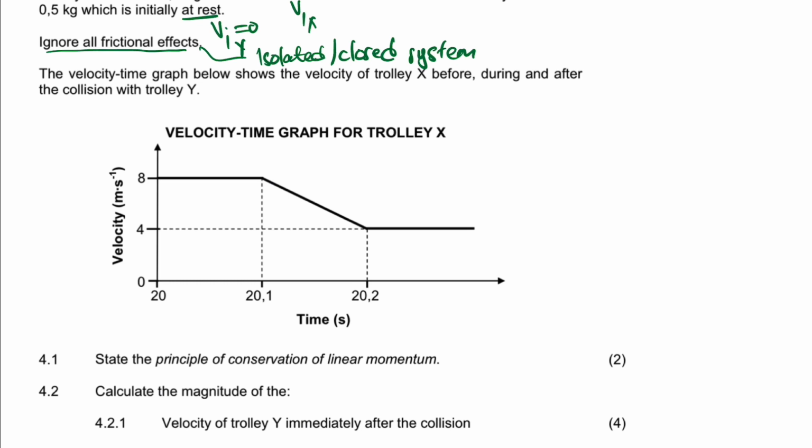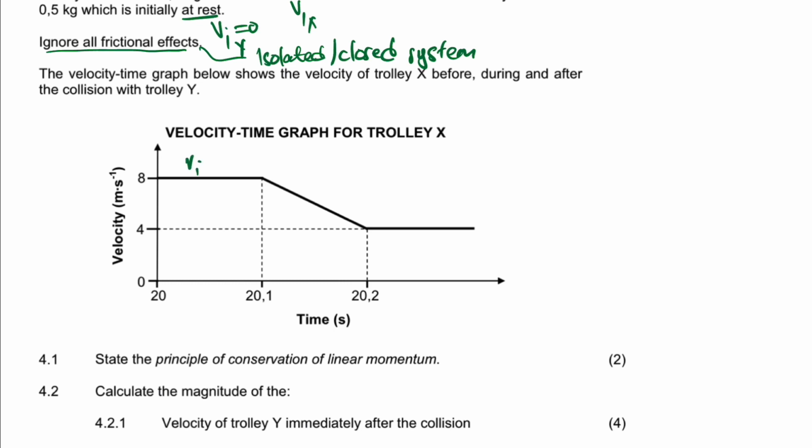It says the velocity-time graph shows the velocity of the trolley before, during and after collision. If you look at this graph, it only shows the velocity of trolley X before collision. This is the velocity before collision, so let's say this is V initial.